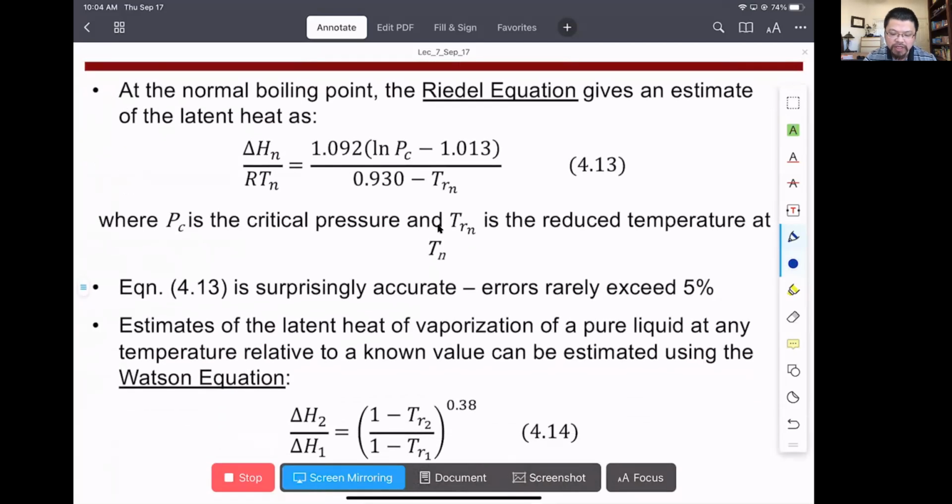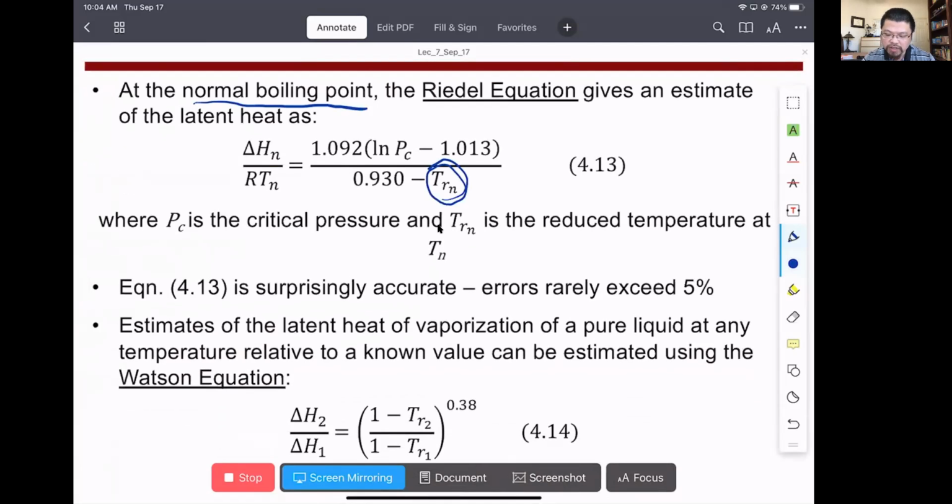So here comes the other one. When we look at their correlation, this N is still the normal boiling point, not high pressure, not purposely a low pressure boiling point, but the ambient 1 atm boiling process. Then here we try to correlate this with the reduced temperature.